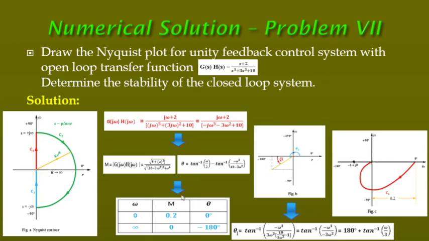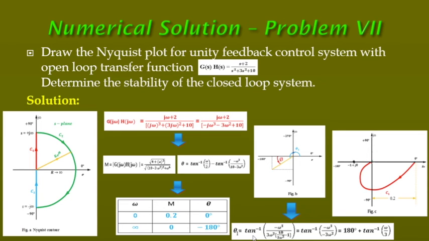Then calculate theta for omega equal to infinity. If put here infinity, then infinity by infinity, undefined. So that's why we consider this angle is theta 1. That means theta equal to tan inverse omega by 2 minus theta 1.